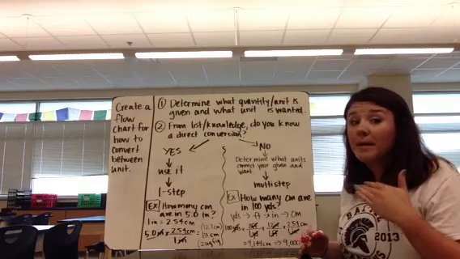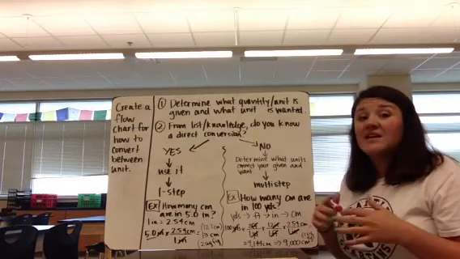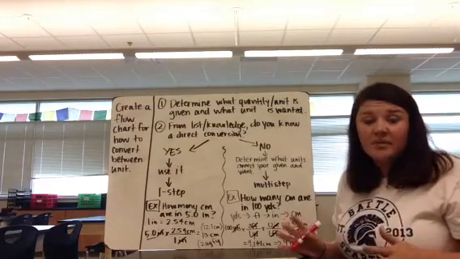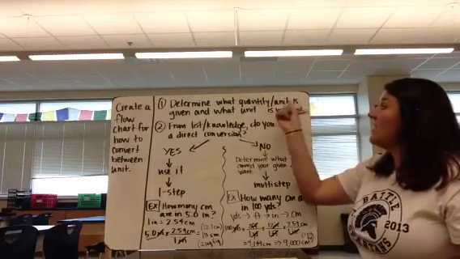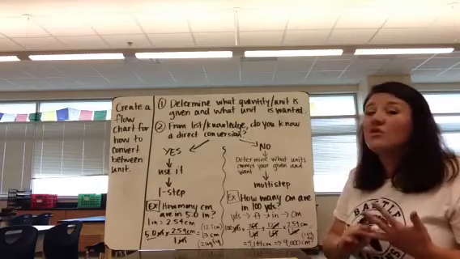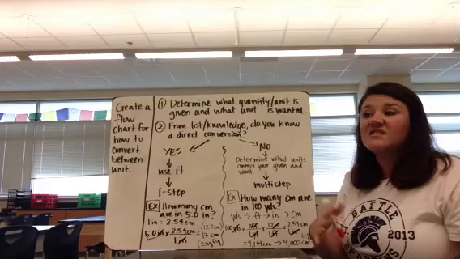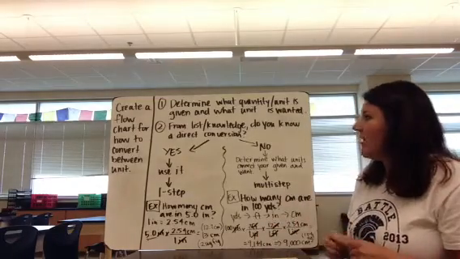This is also an important part: go through the problem and figure out, they may have given you some numbers that you don't need. So make sure you are always searching for two things: the quantity and unit that is given that you need, and then what unit is wanted. And make sure you just ignore anything else that's not needed for that particular problem. It may be needed later on, but not right now, okay?